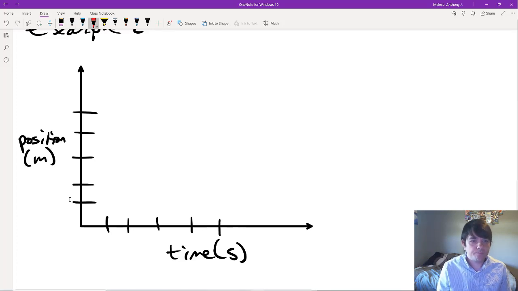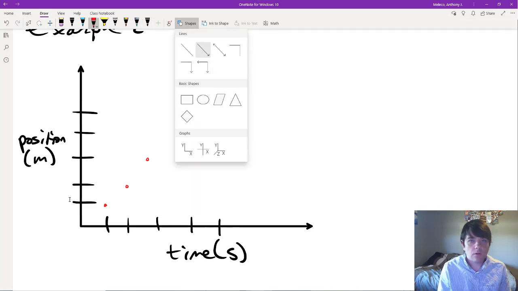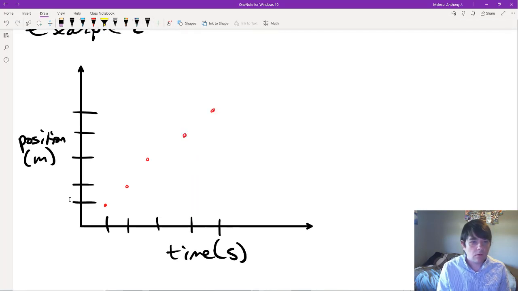We have just a straight line that goes through all of that. Ignore my terrible drawing. So here's the plot that we want to do.